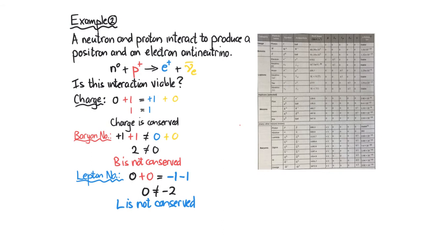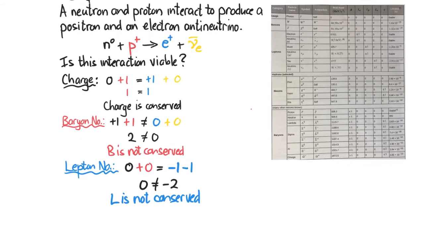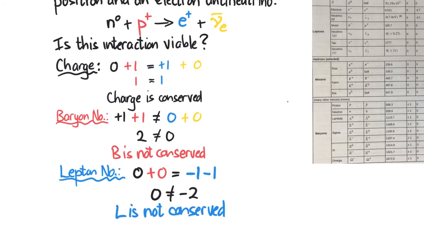Now, while you did not need to go and prove that the lepton number is conserved or not conserved, because only one of these quantities not being conserved implies that the reaction or the process is not viable, for the sake of practice, we look at the lepton numbers, and we know that the neutron and the proton are both baryons, so they have 0 lepton numbers.